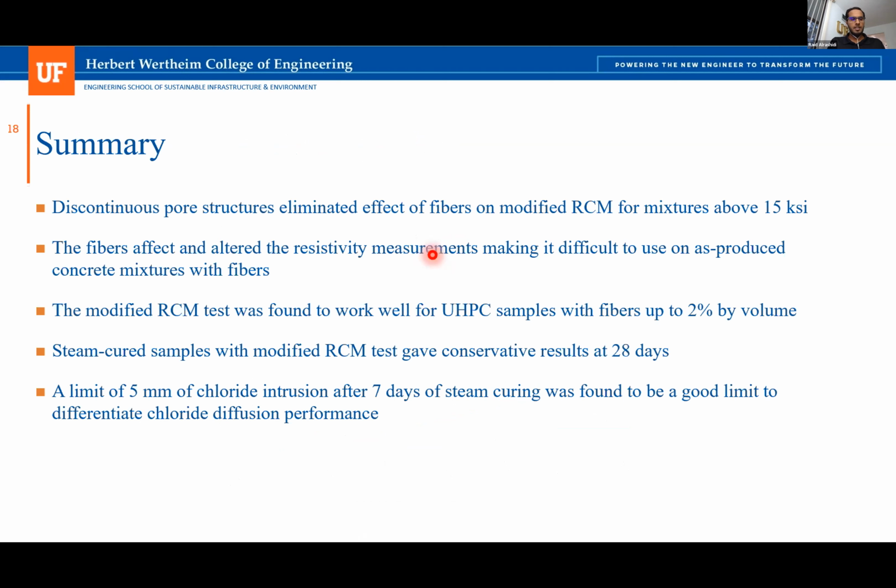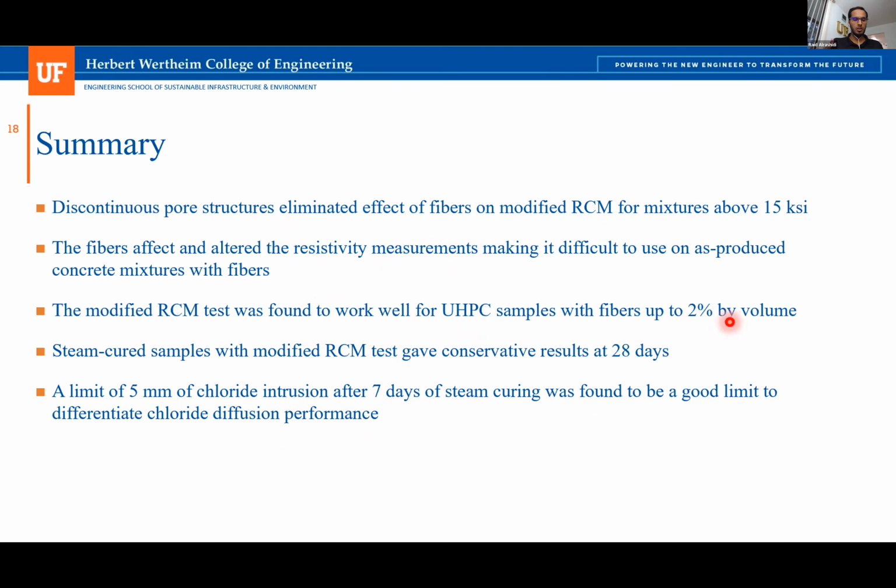And in summary, the discontinuous pore structure eliminated the effect of fiber on the modified RCM for mixtures above 15 KSI. The fiber affects the resistivity measurement really strongly, so it is really difficult to use it for resistivity measurement. The modified RCM test was found to work well for HPC samples with fibers up to 2%.